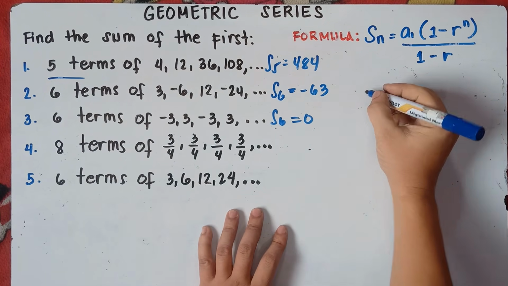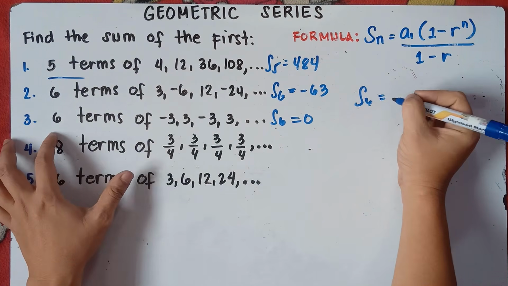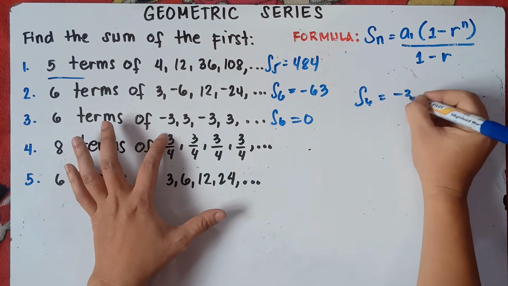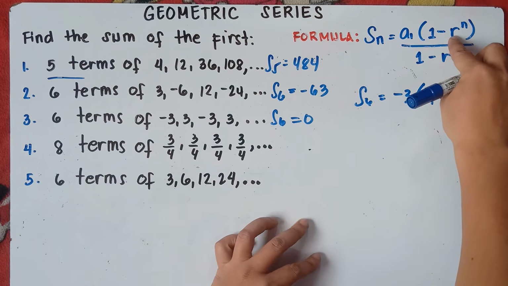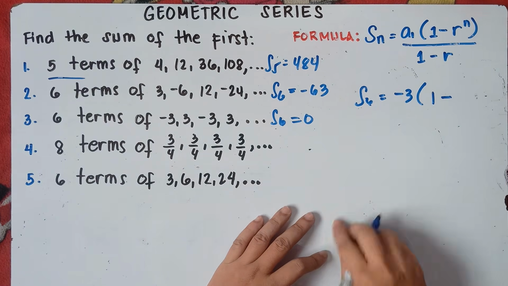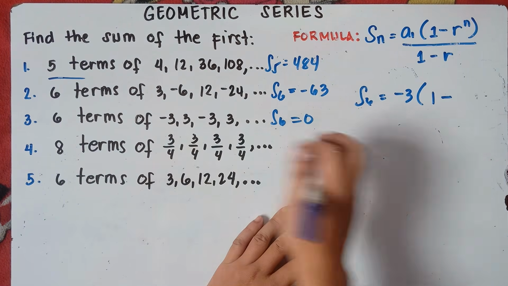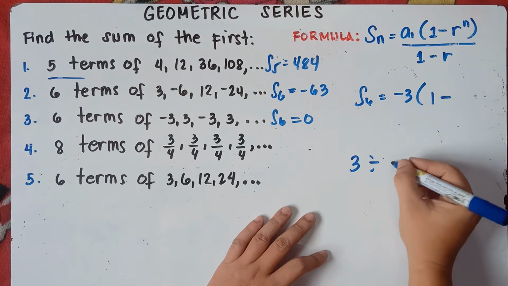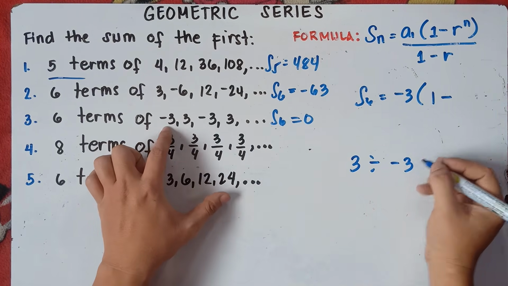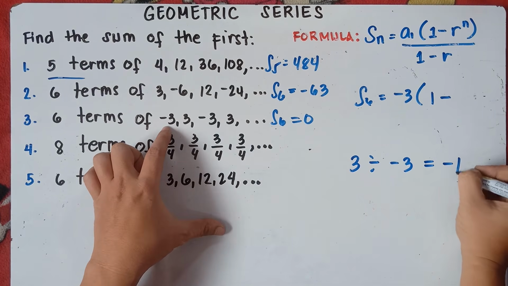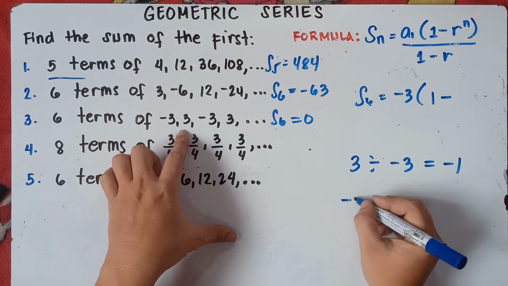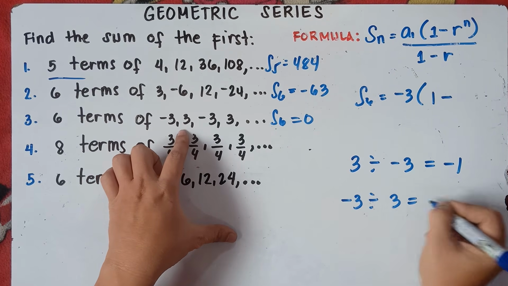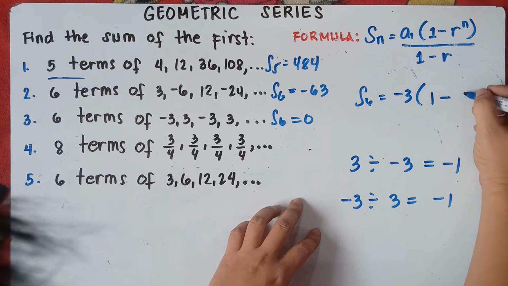S sub n. So S sub 6 for number 3. The first term is negative 3 times 1 minus r, where r is the common ratio. To find the common ratio, you divide 3 by negative 3, and that's negative 1. You can also check by dividing the third term by the second term: negative 3 divided by 3 is negative 1. So the common ratio is negative 1.